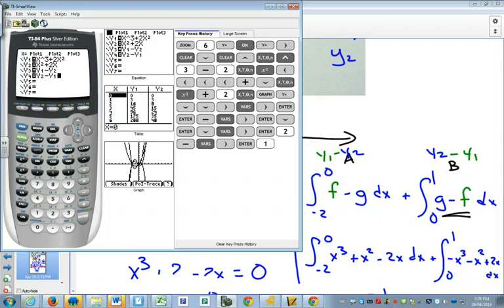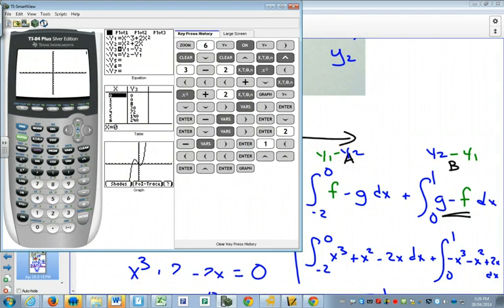Now, if I wanted to find section A, it was y1 minus y2. So I have a whole bunch of graphs going on right now. What I can do is keep them all there by pushing enter on the equal sign to turn them off. And now when I graph it, I just get section A, which was y1 minus y2.